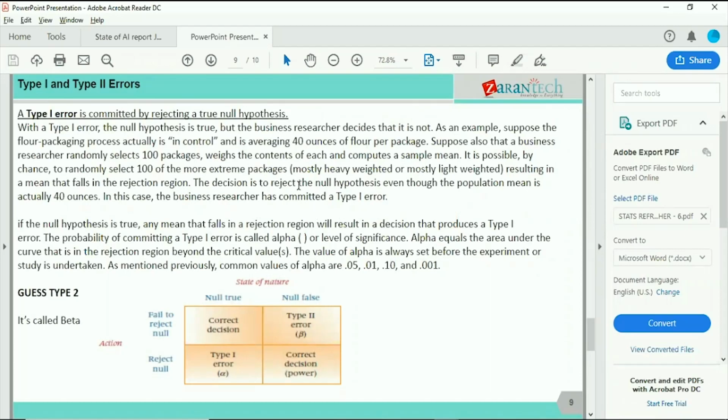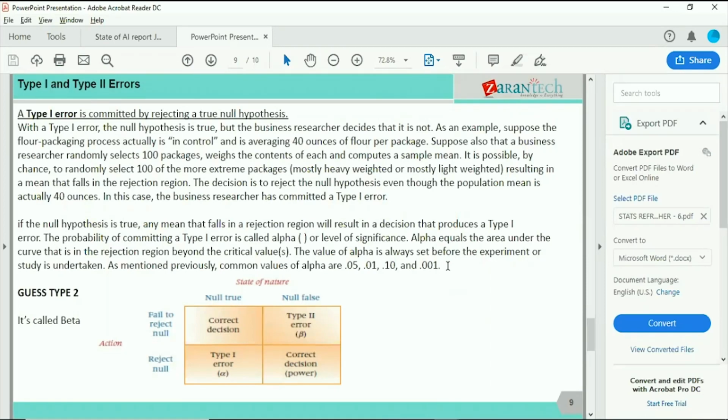The decision is to reject the null hypothesis even though the population mean is actually 40 ounces. In this case, the business researcher has committed a type 1 error. Did we understand?